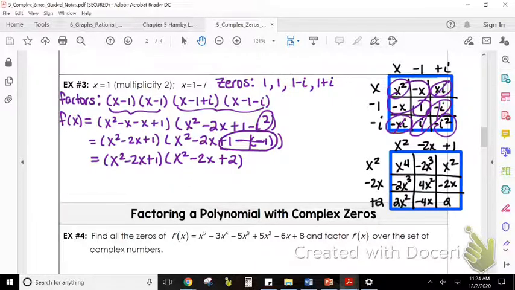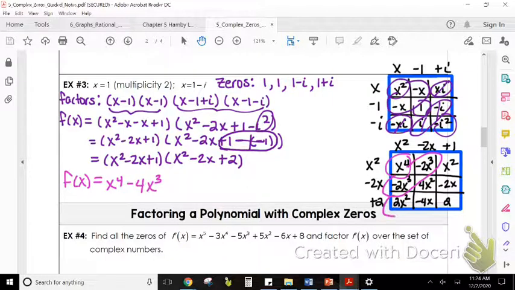So for my answer here, I'm going to get f of x equals x to the fourth, then I have a negative 2x cubed minus 2x cubed, which is negative 4x cubed.